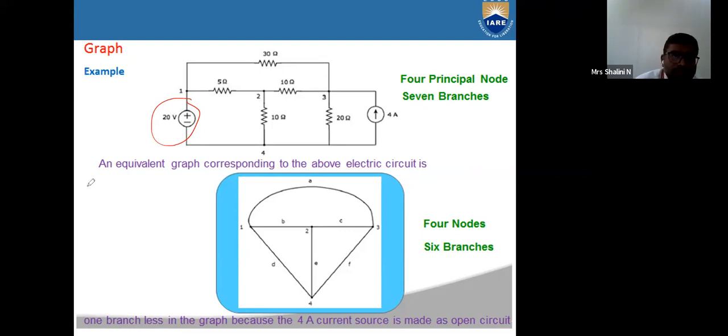Okay, independent voltage source is short circuited, and RLC parameters are short circuited, and only the independent current source is going to be open circuited. First of all, we have to identify the nodes in your given network.